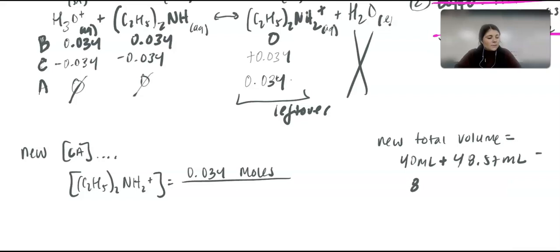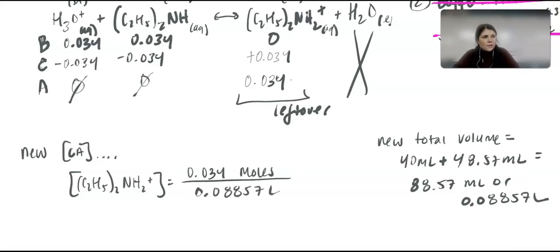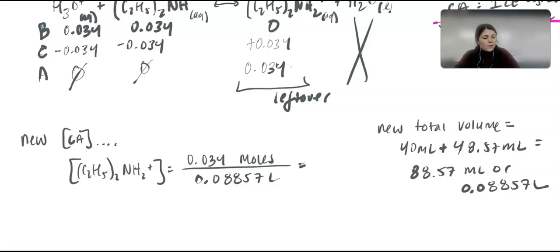I get 88.57 milliliters. Or we can convert it to liters, which we will want: 0.08857 liters, that can be plugged in right here. I get my new concentration as 0.384 molar for the conjugate acid.